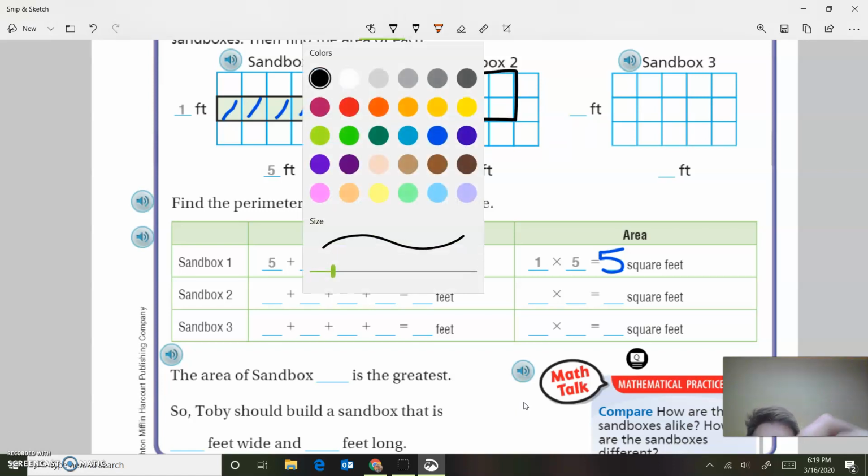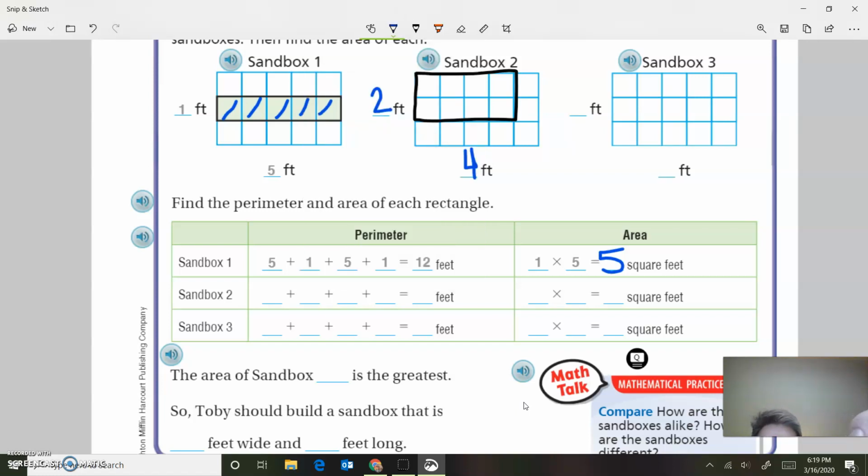And I could easily count these if I didn't want to multiply, and I would get 8. So sandbox 2 is going to be 2 plus 4 plus 2 plus 4. That is 12. So we're still honoring the 12 feet like we need to. But now we've made our area a little bit bigger because we got 2 by 4. So 8 square feet, not bad.